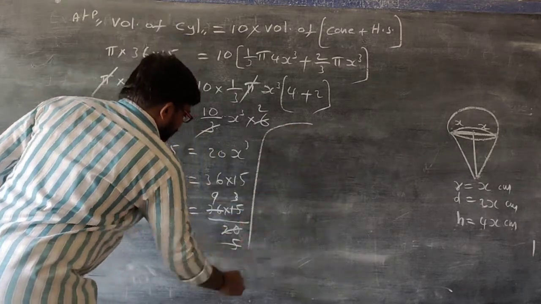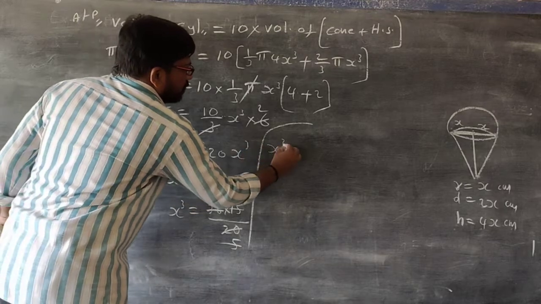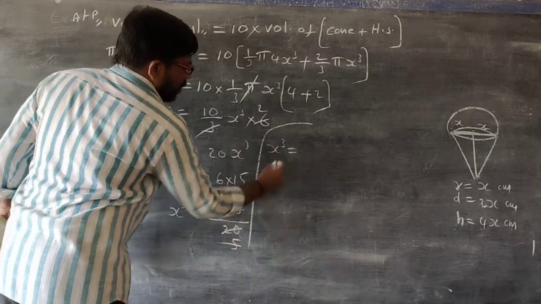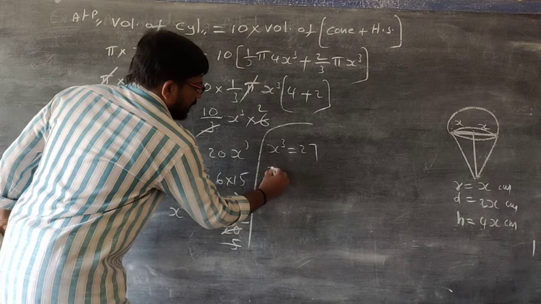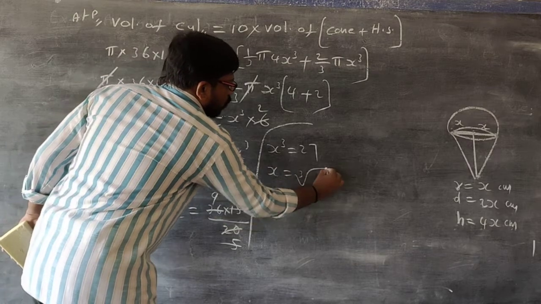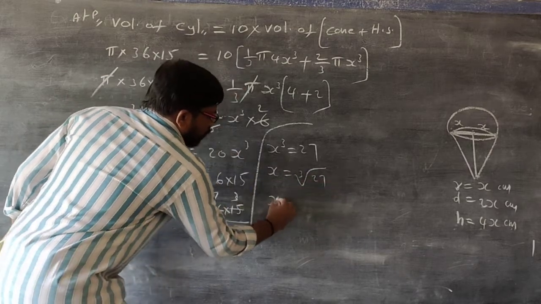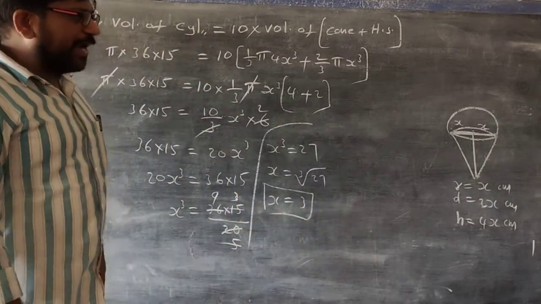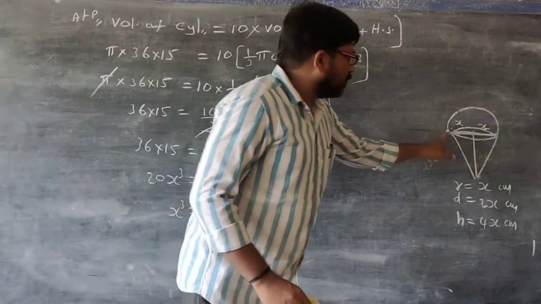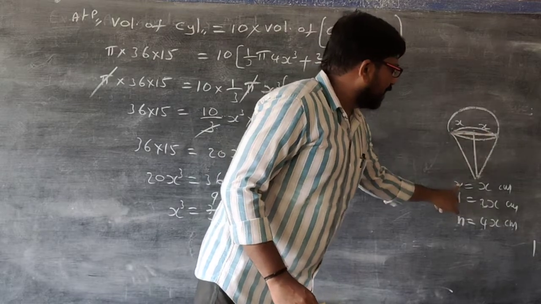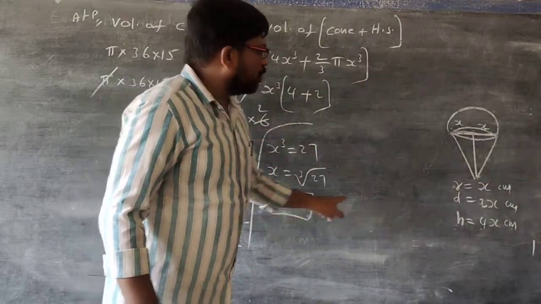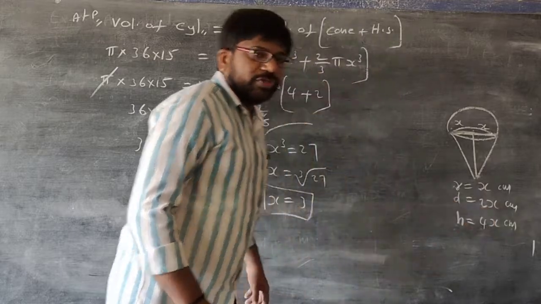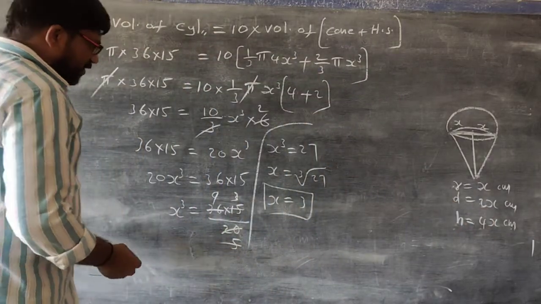So x is equal to 9 3s are 27. Then x equals cube root of 27. Cube root of 27 is 3. See, radius of base is x equal to 3, and what is the diameter? 2x, 2 into 3, 2 3s are 6, right?